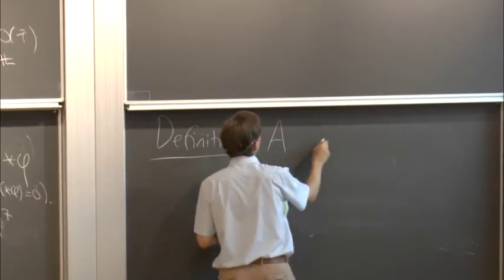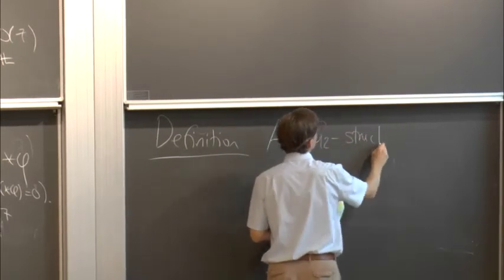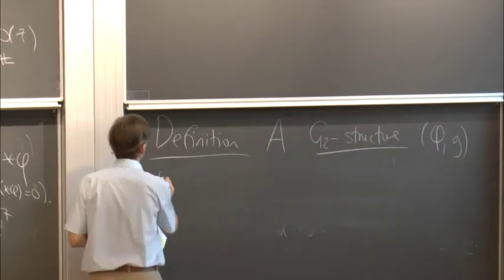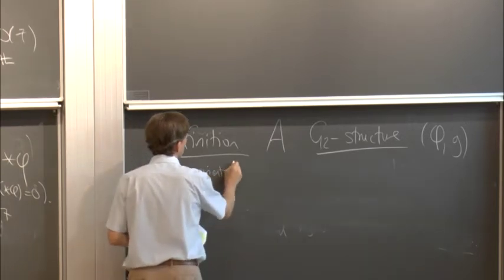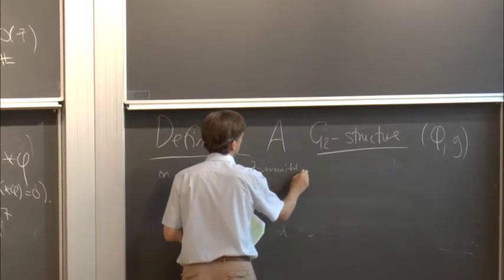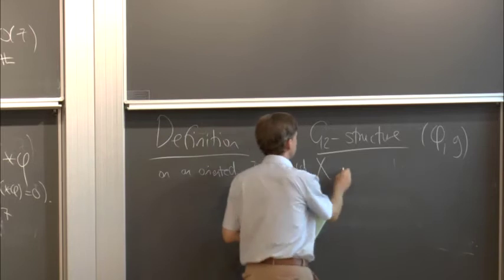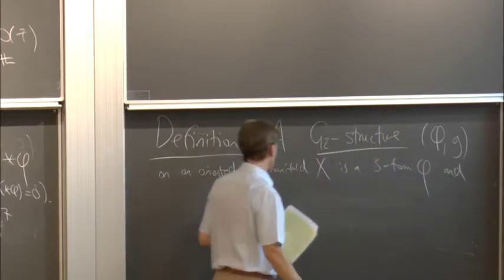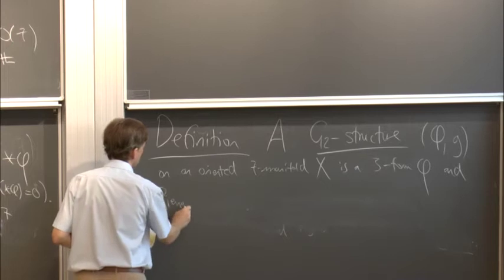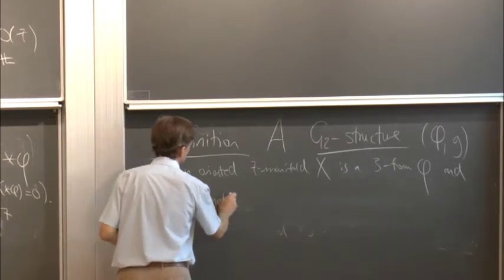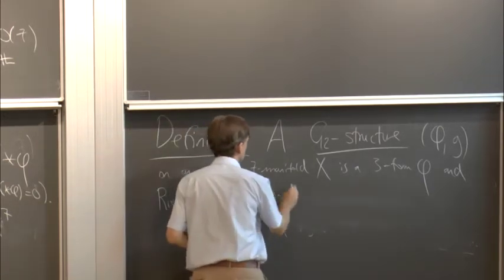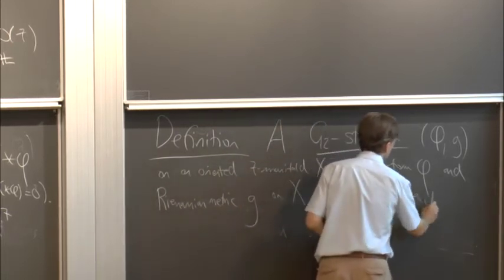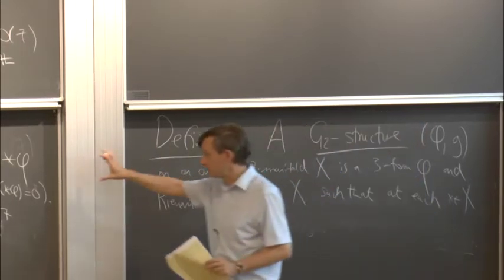We're going to say a G2 structure, brackets phi comma G, on X, let's say on an oriented 7-manifold big X, is a 3-form phi and a Riemannian metric G on X, such that at each point little x in big X, this happens.